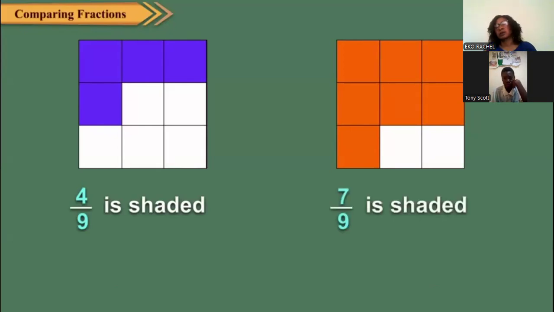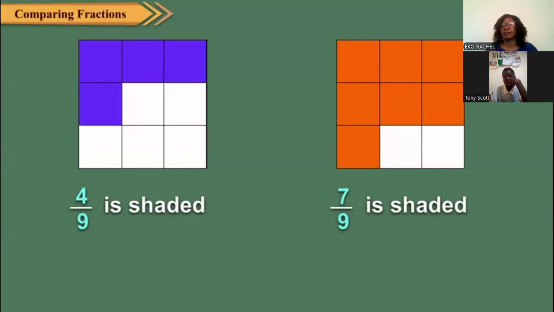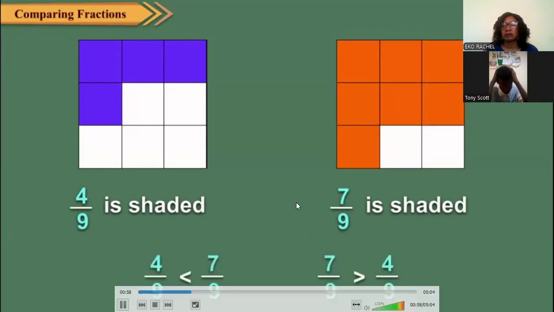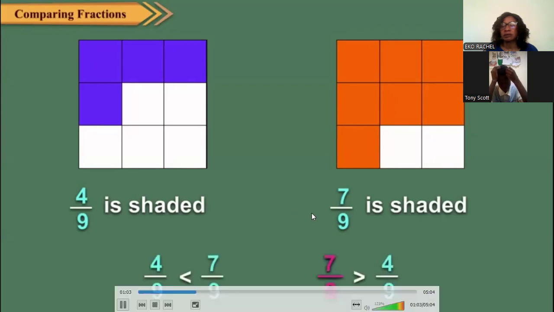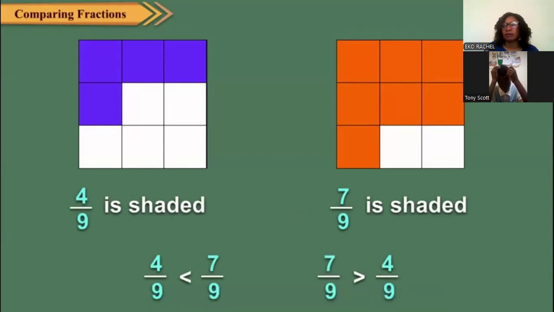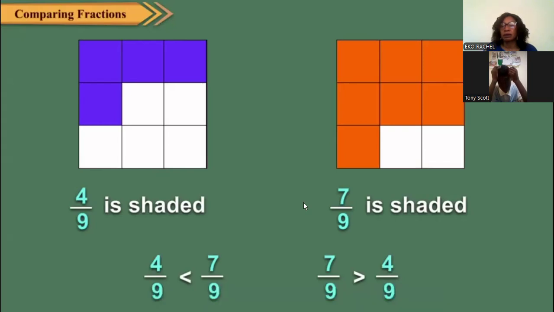Yes, the shaded part in first figure is smaller than that in the second figure. Here, 4/9 is less than 7/9, or 7/9 is greater than 4/9. So we can say that between two fractions having the same denominator, the fraction with the greater numerator is greater.